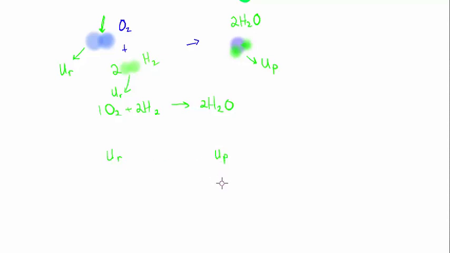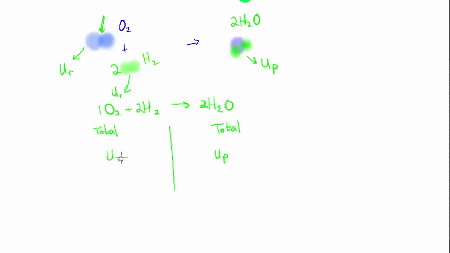The energy that oxygen has plus the energy that hydrogen has as molecules is not necessarily the same as the energy that's needed to keep water molecules together. So if this reaction happened, the total energy on this side and the total energy on that side must still be the same.